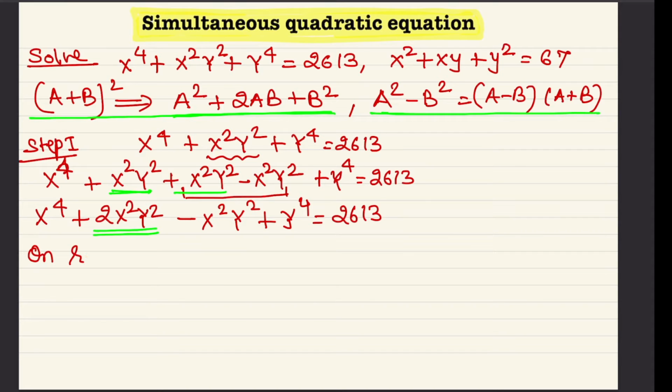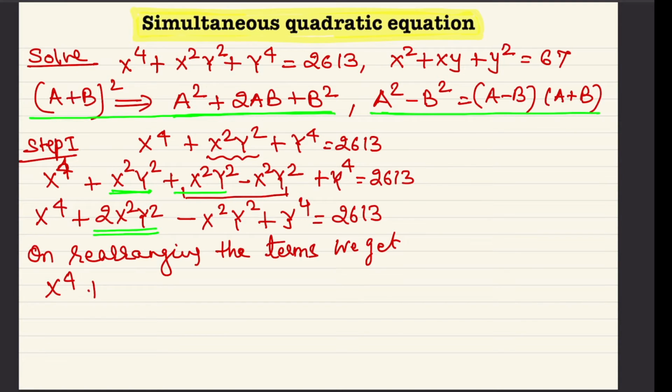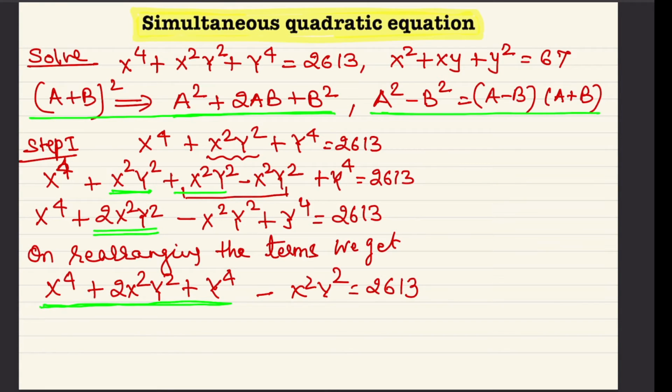On rearranging the terms, we get x power 4 plus 2x square y square plus y power 4 minus x square y square is equal to 2613.